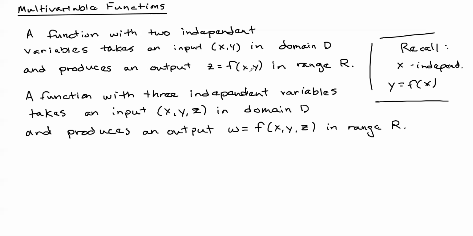On top of that, the other thing I wanted to get into is the definitions for domain and range. Those are still the traditional definitions. The domain is still the set of inputs that produce a finite output.